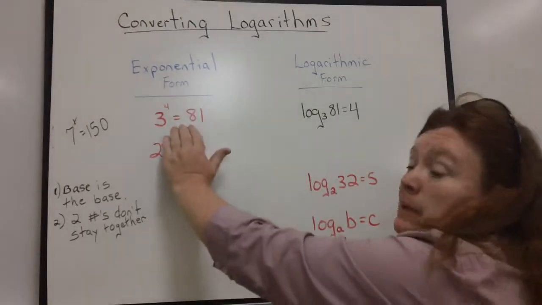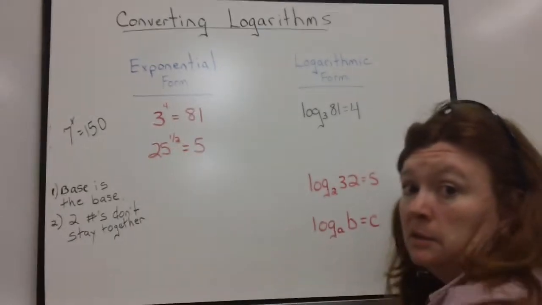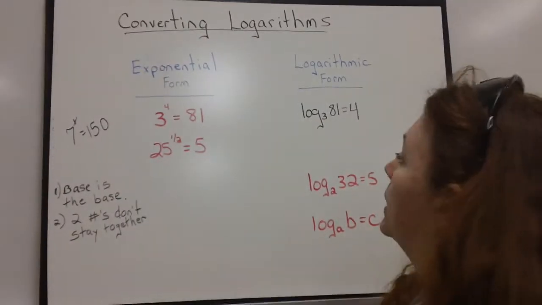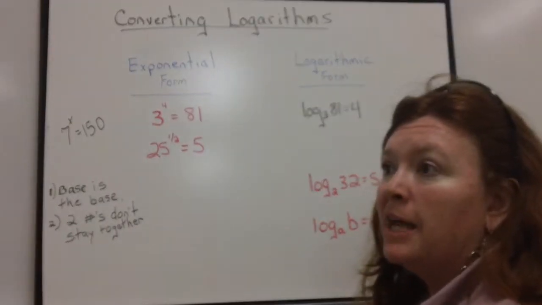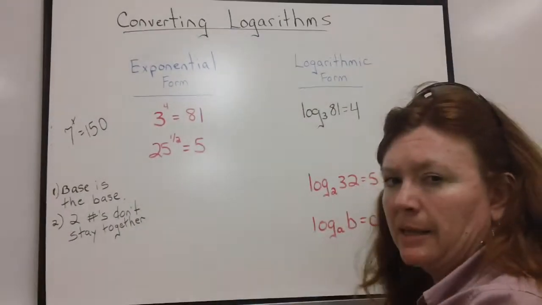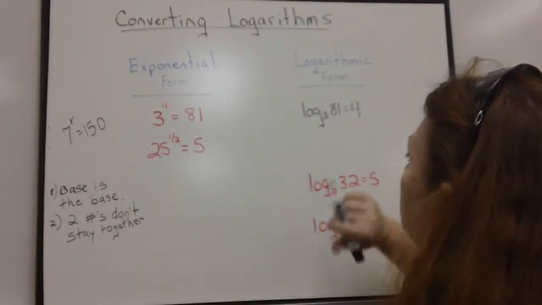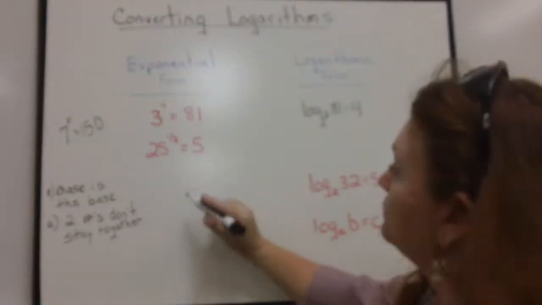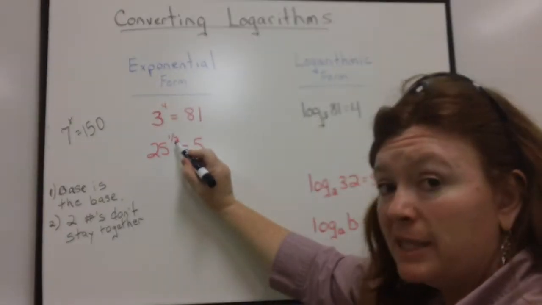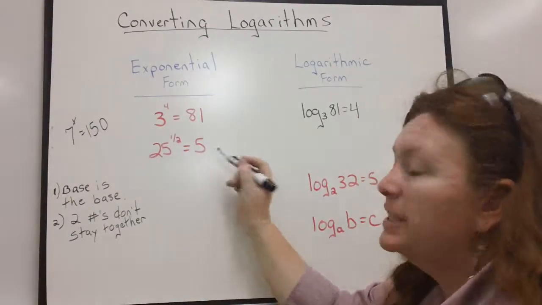So this is exponential form, this is log form. These are the same thing. But when I rewrite it in log form, it can help me solve this. We may come back to that at the end of the problem, or the end of the lesson. Now, let's try it again. 1/2 is my exponent, 25 is my base, and then it's equal to 5.